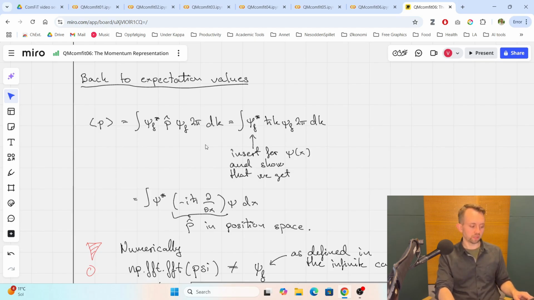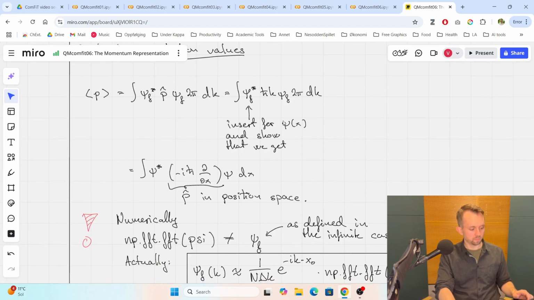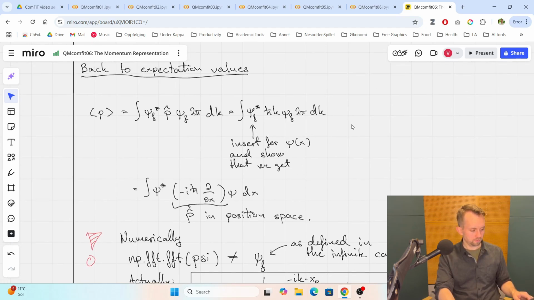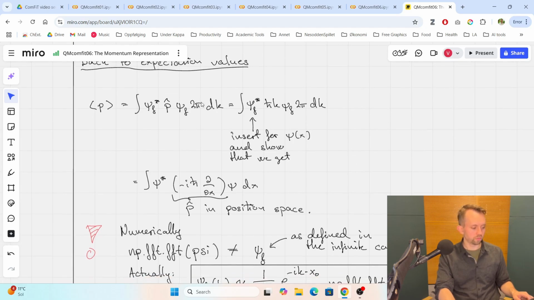And then we need to integrate over the full region, which is dk over 2 pi, where we have this 2 pi due to the convention here.